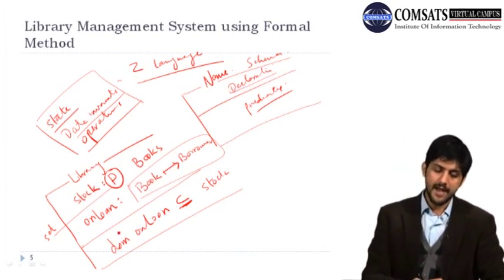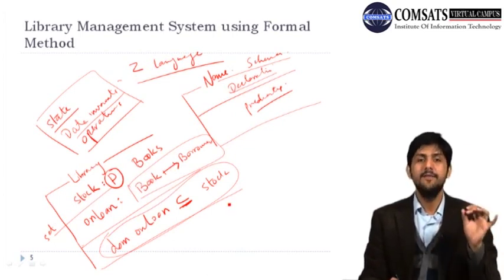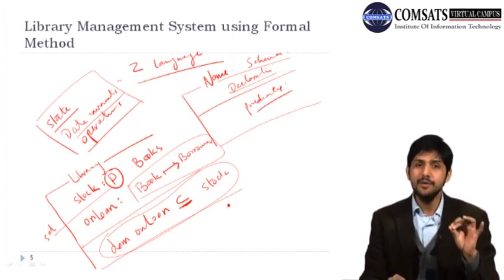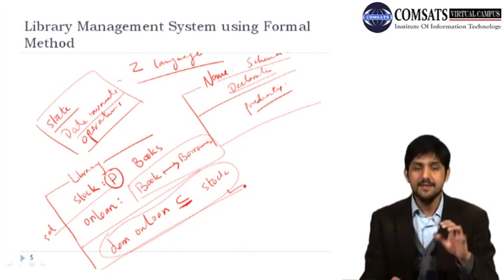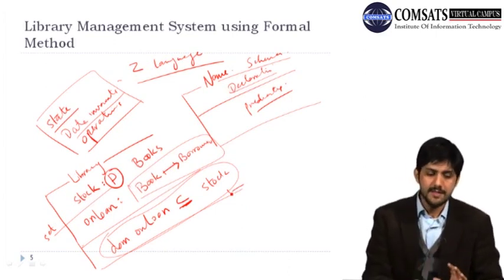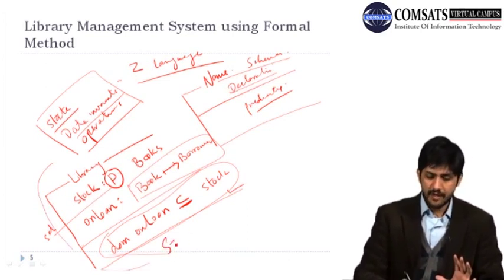And then there is a data invariant that at no time during the system execution can it happen that the set of on-loan books has a book which is not in the stock. So this is a data invariant of the system. We are going to discuss those in more detail, but this schema defines the state of my library management system.